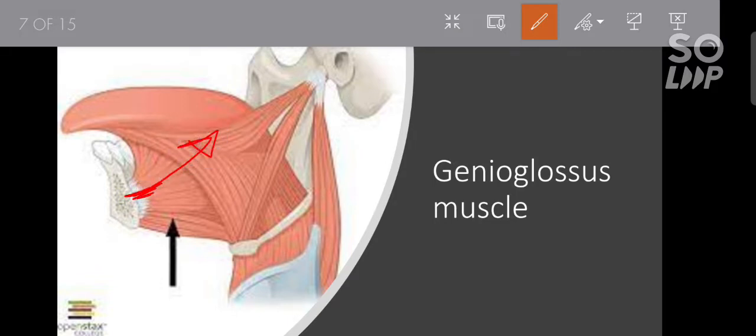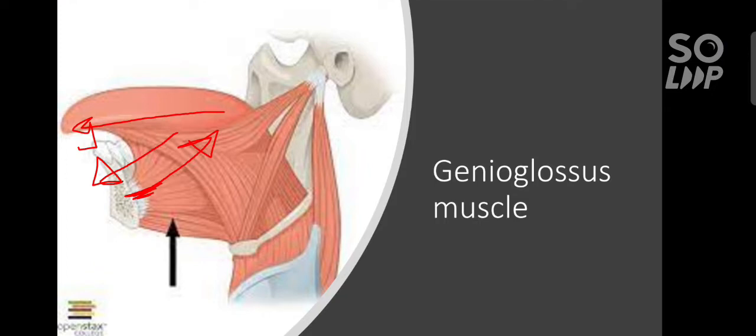And the action is in this direction, from the insertion to origin. So imagine that the tongue is moving in this direction. So the action is tongue protrusion, and of course the innervation is by the hypoglossal nerve.